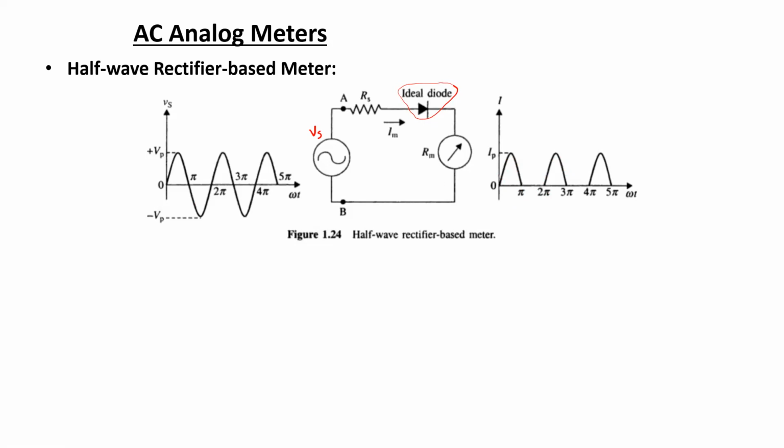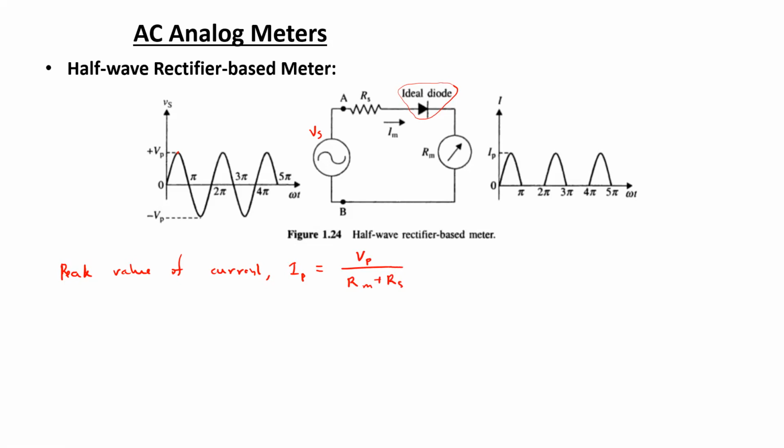So the peak value of the supply voltage Vs is indicated over here as Vp. In terms of the peak voltage, the peak value of the current can be easily written as Vp divided by Rm plus the multiplier resistor Rs.